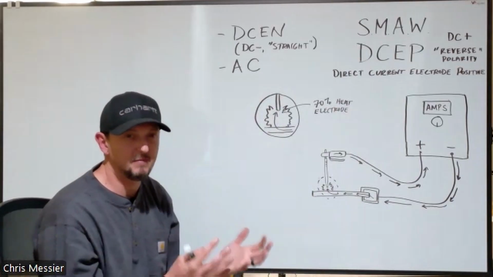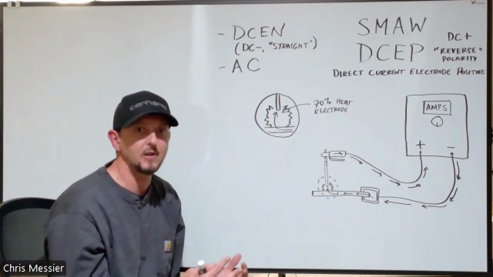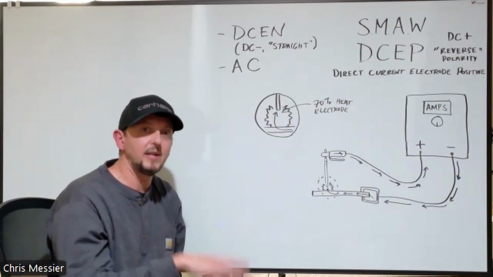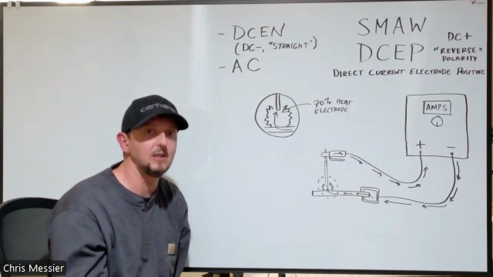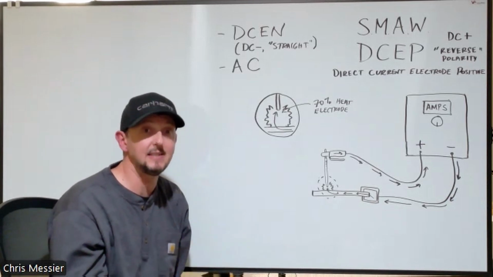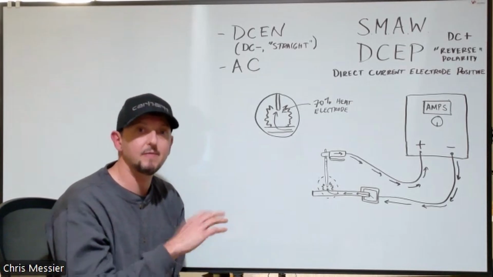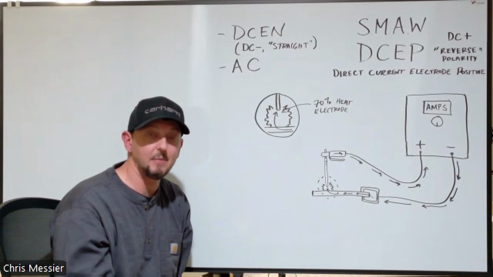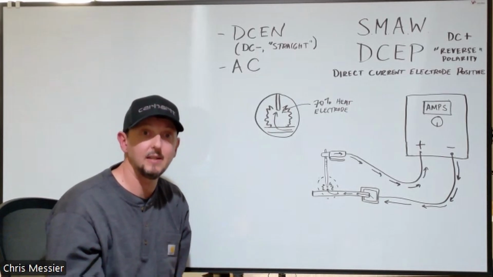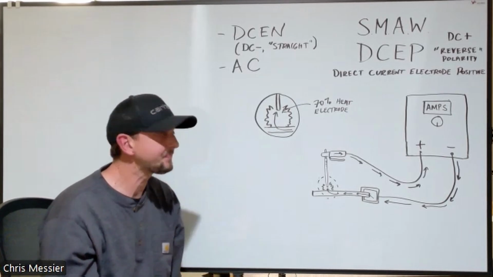That can be kind of confusing at first, and we can get into that later when we get into AC TIG welding on aluminum and that sort of thing, what the different sides of the polarity do in the arc zone.